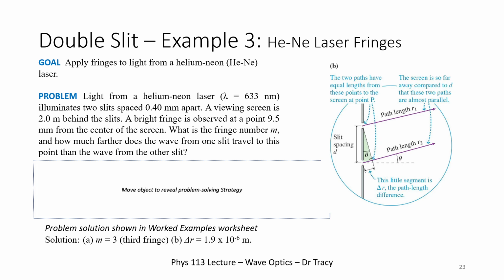Then once you apply delta r equals m lambda, you get delta r is 1.9 times 10 to the minus 6, or 1900 nanometers, or 3 wavelengths. This is going to be demonstrated in your worked examples that will be posted on D2L by the time you are reading or listening to this.